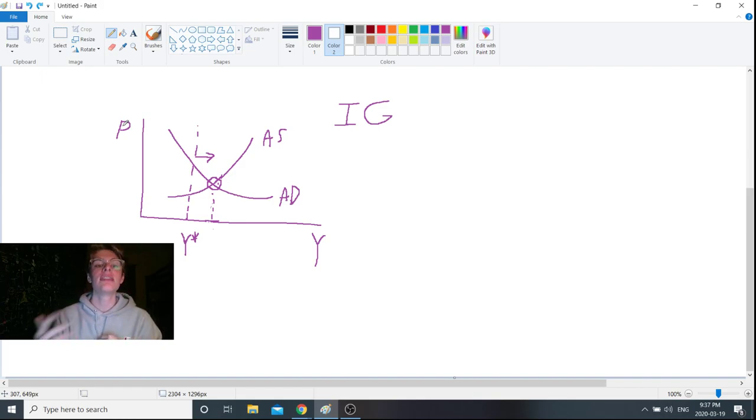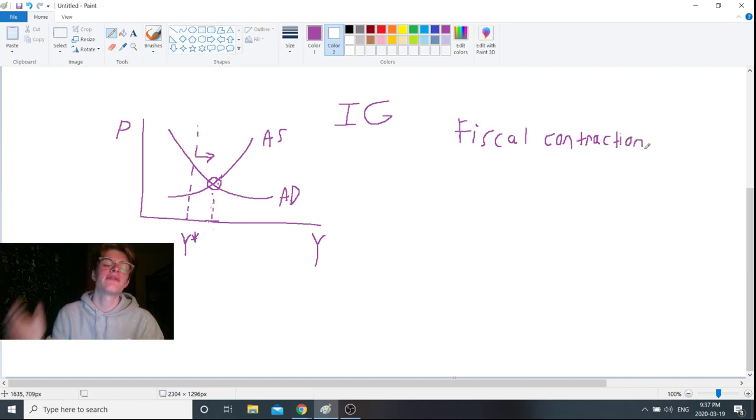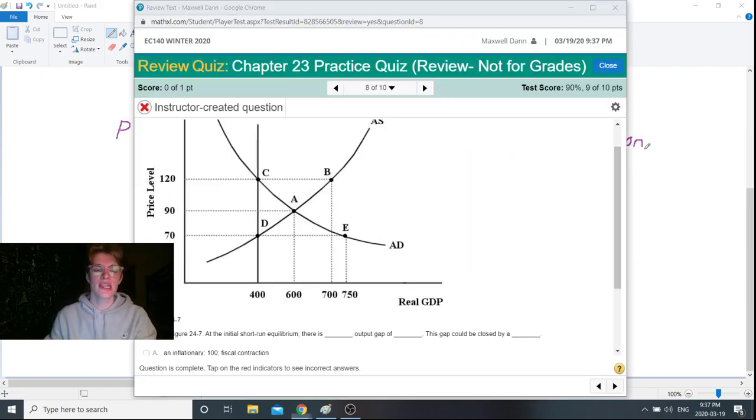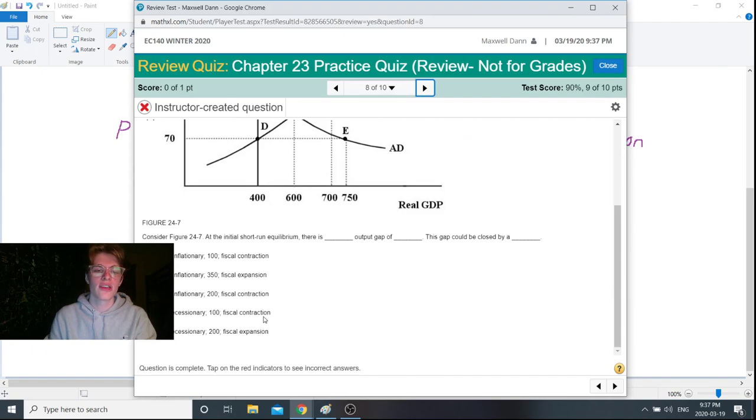If the government does something, what they would want to do in this case is called fiscal policy, fiscal contraction. They want to get us out of the inflationary gap. The opposite, if we were in a recessionary gap, it would be called fiscal easing or loosening, or what other word do they use here?